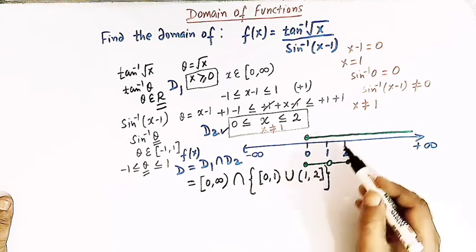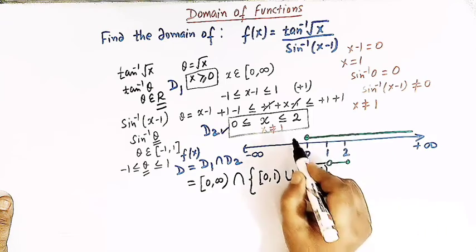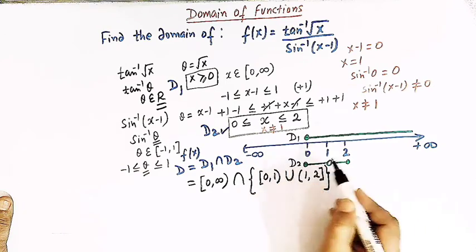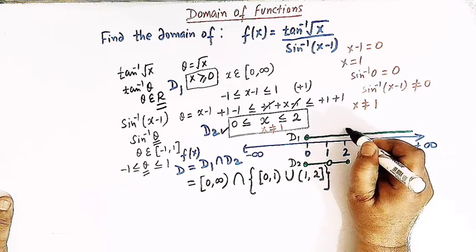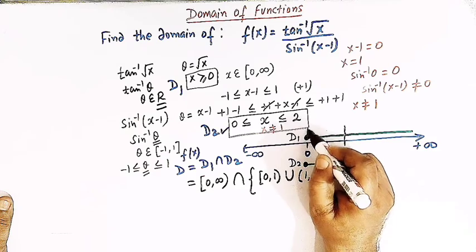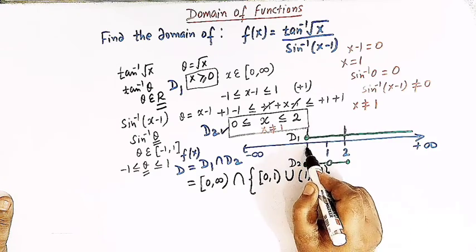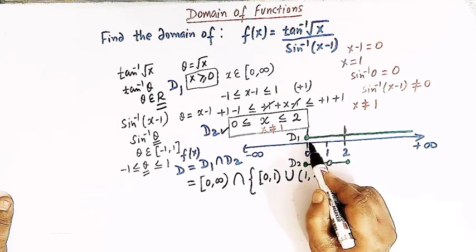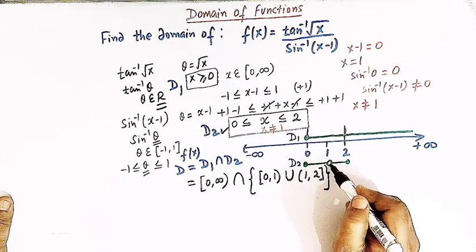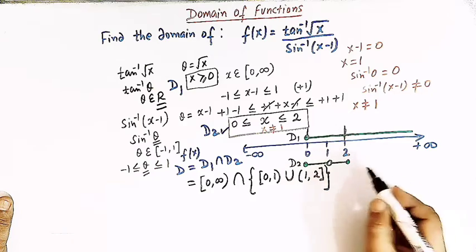So now the common region between these two domains, this is D1 and this is D2. So here the common domain is this region, right? From here to here. So from 0 to 2, we have the domain of f of x, excluding this x equal to 1, right?